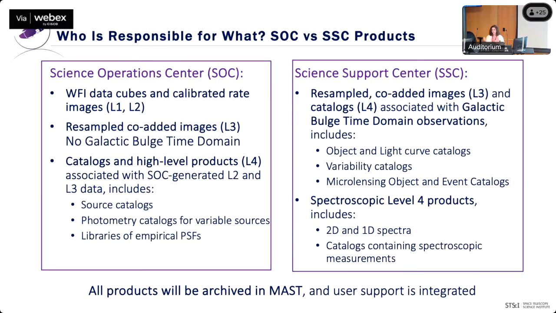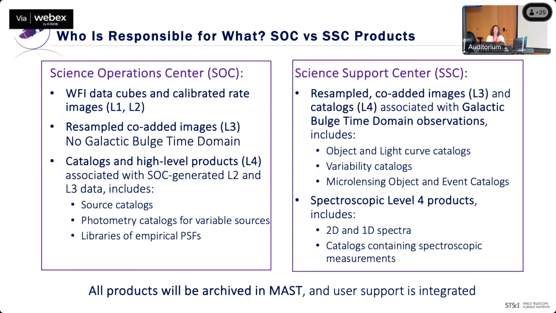The SSC, on the other hand, is responsible for the creation of all the resampled and coadded images, level 3, and catalogs, level 4, for everything that is related to the galactic bulge time domain survey. These include object and light curve catalogs, variability catalogs, microlensing object and event catalogs.